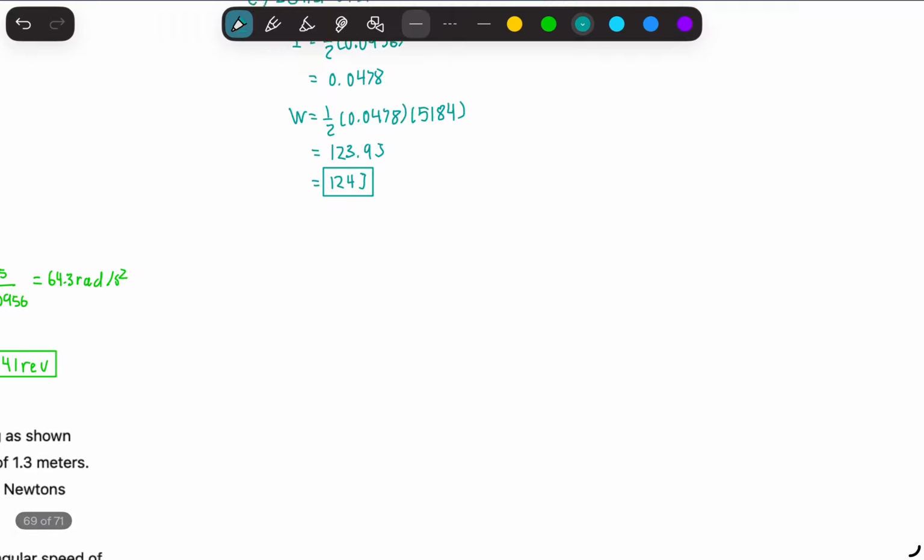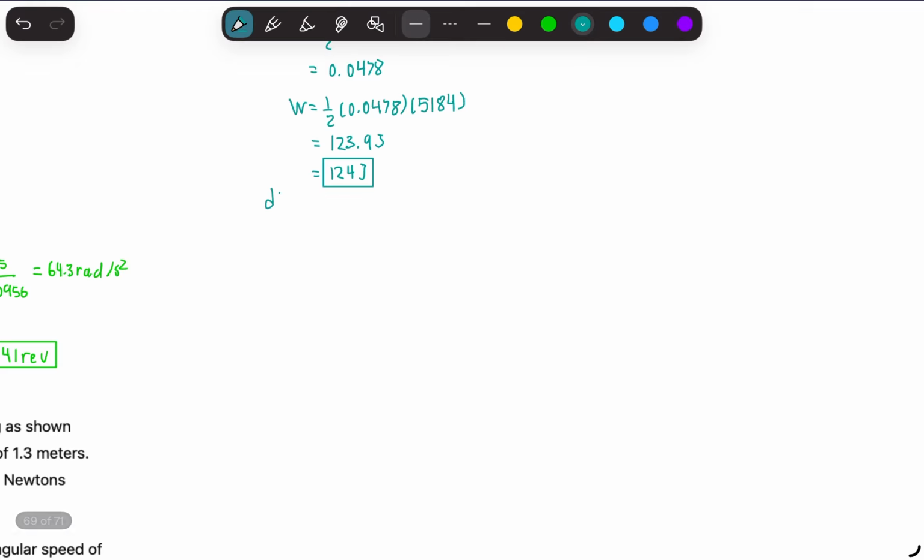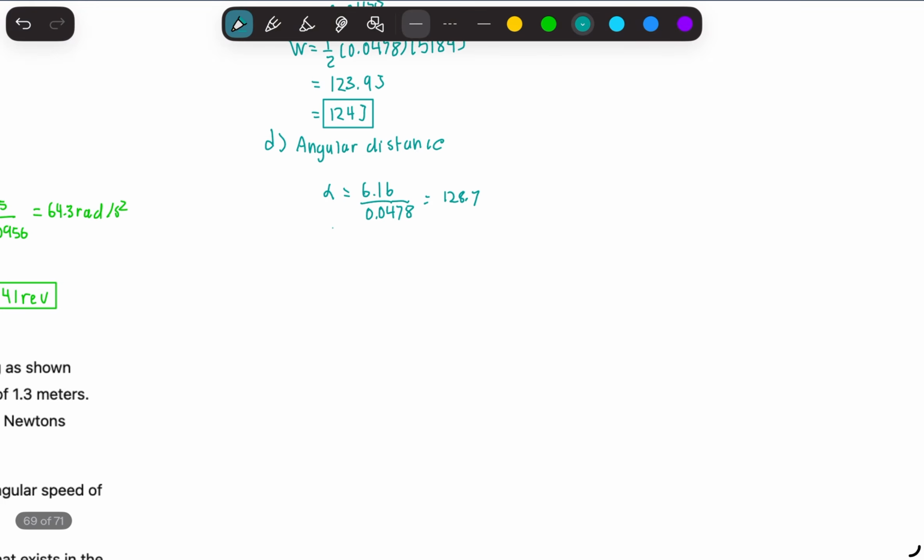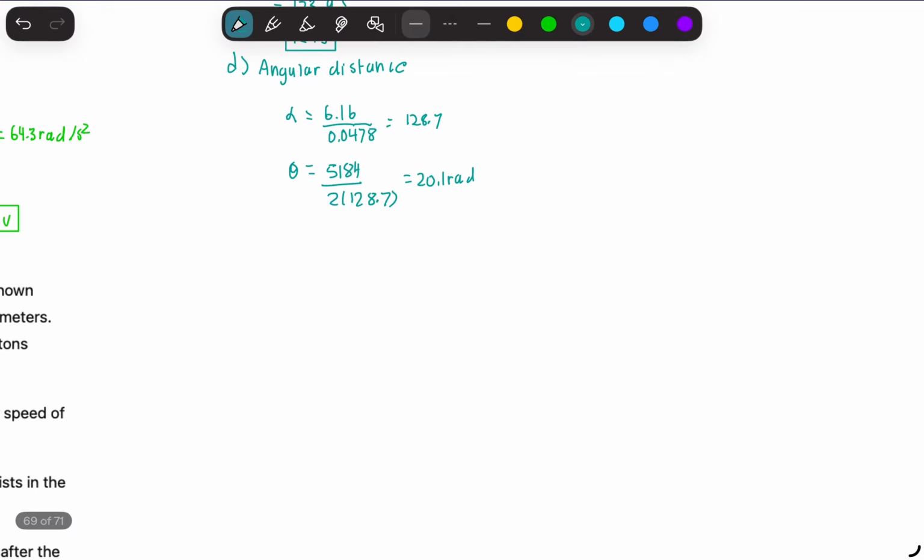Now we want the angular distance. We don't want it to be in rad.